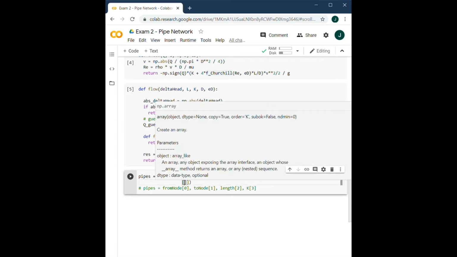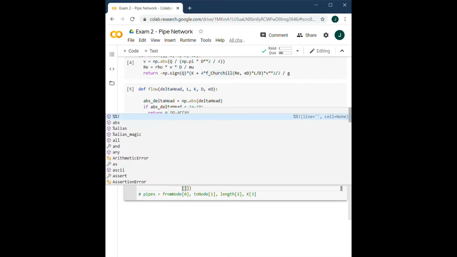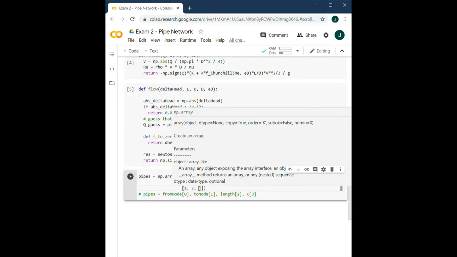The second pipe is going to go from node 0 to node 2. It has a length of 30 meters and a k value of 1. Our third pipe is going to go from node 1 to node 2, has a length of 5 meters and a k value of 1.